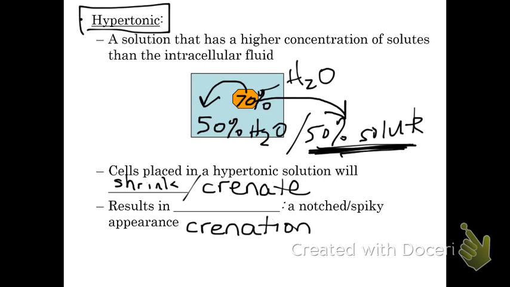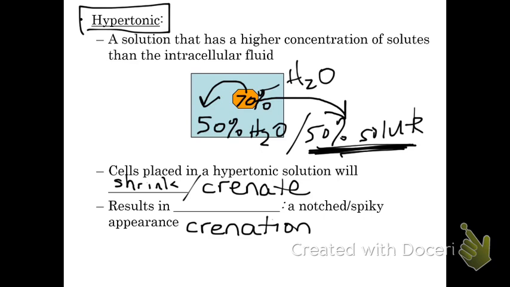And when a cell crenates, it becomes smaller. And the cells I'm showing you are red blood cells. And red blood cells are doing this all the time. They are very flexible cells. As red blood cells travel through your blood, they're flexing and changing their shape a little bit as they travel through your bloodstream. And red blood cells are also very sensitive to changes in tonicity.